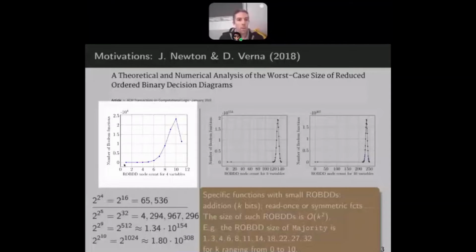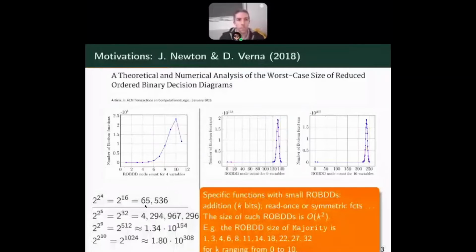Recall that the number of functions is doubly exponential. So the number of functions in 4 variables is around 65,000. The way they obtained this result is by an exhaustive computation of all ROBDDs.